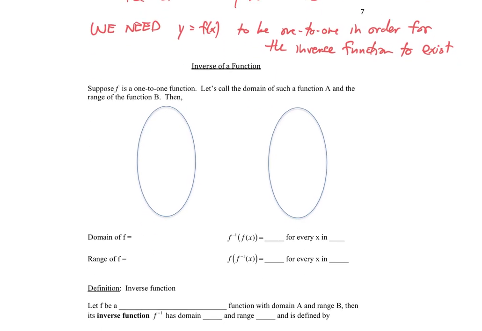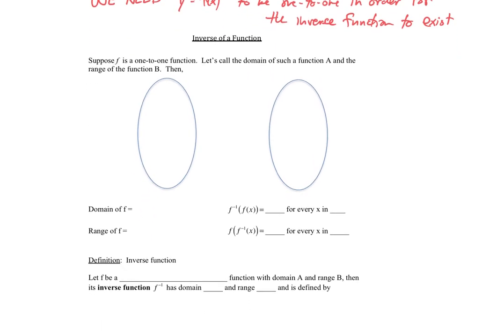So let's try to put all of this together and formally define what we mean by the inverse of a function. The first thing we want to notice is that we for sure require that our function is 1-to-1. So we're going to highlight that.